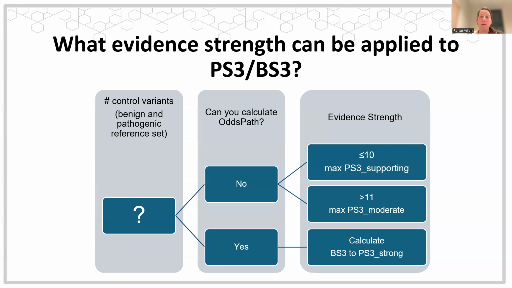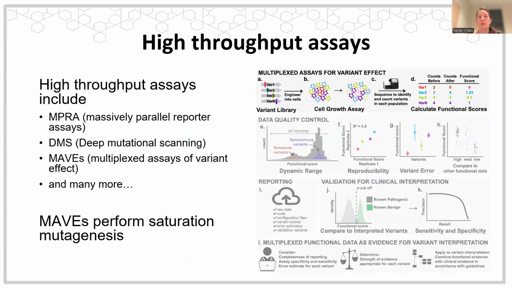High throughput assays are something we're going to talk about today, because these have been identified by our workshop participants in the past as an area where they'd like to have more information and be able to evaluate with a little bit more confidence. We're talking about high throughput assays, but this includes a variety of different types of assays.